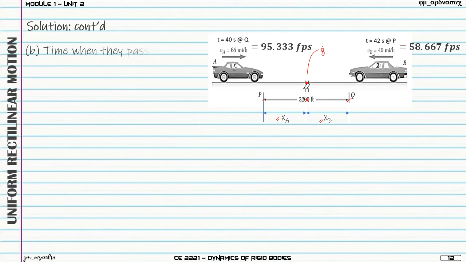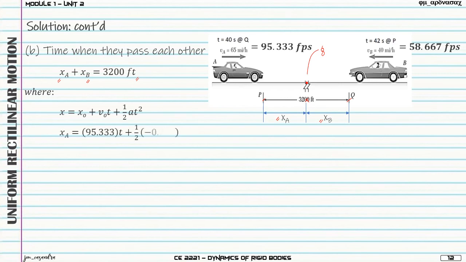So, with that, we can now solve further time by equating XA plus XB equal to 3,200. And from here, we can also derive that XA is equal to 95.33 plus 1/2 times the computed A times the time it will reach point G, or the meeting point.